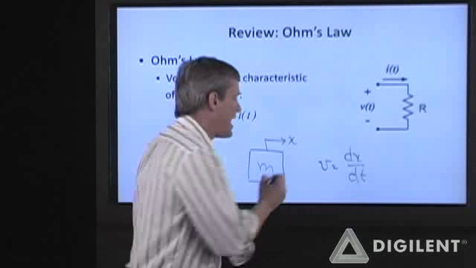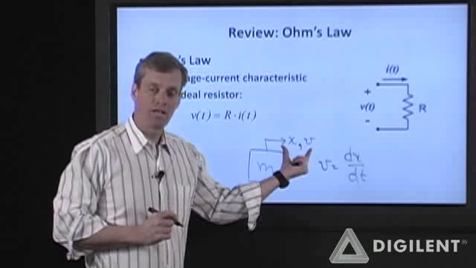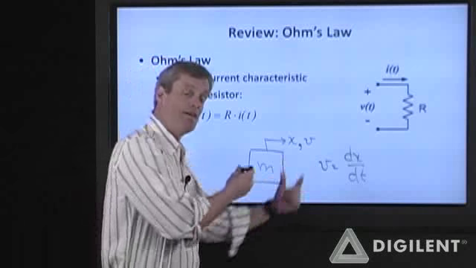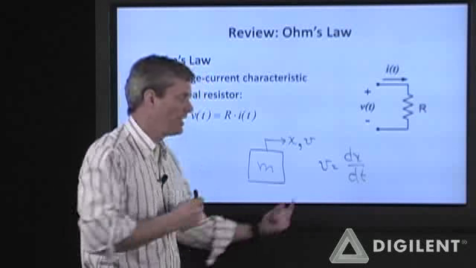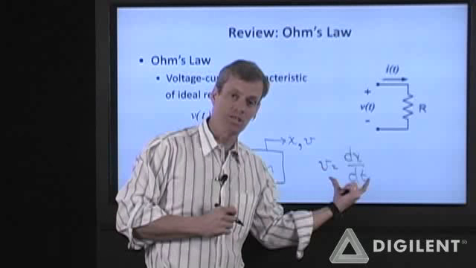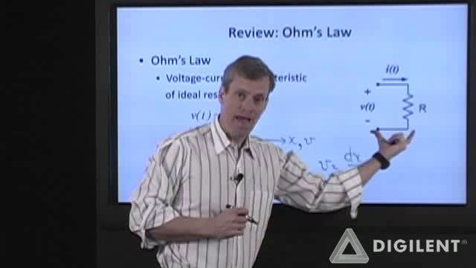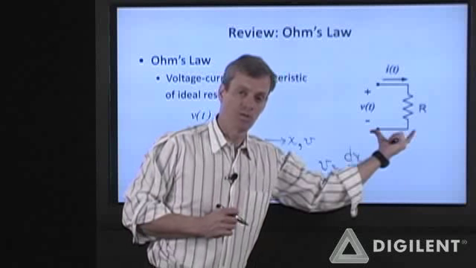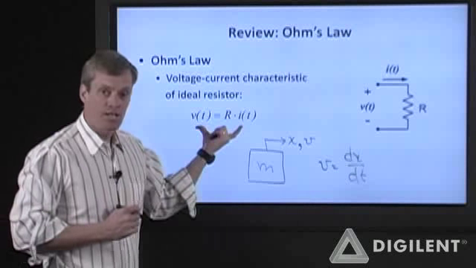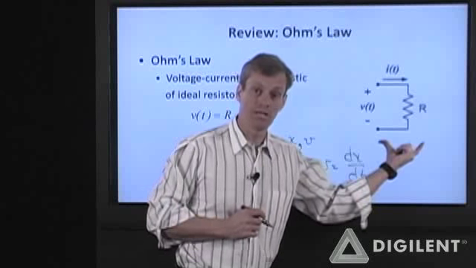That assumes, however, that velocity is positive in the same direction that x is positive. If I assume that velocity is positive to the left, I need to invoke a negative sign here and change this relationship. Likewise, if I want to assume anything other than my passive sign convention for voltage versus current, I need to change this relationship, which I don't want to do, so I'm always going to stick with the passive sign convention.